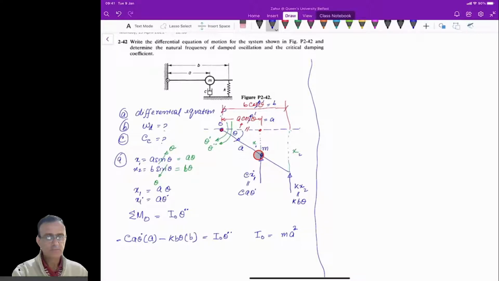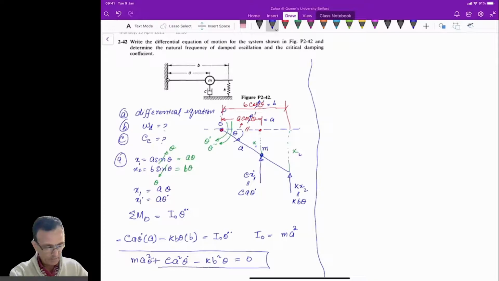If we put all these values in and simplify the equation, it becomes m a square theta double dot plus c a square theta dot plus k b square theta equals 0.